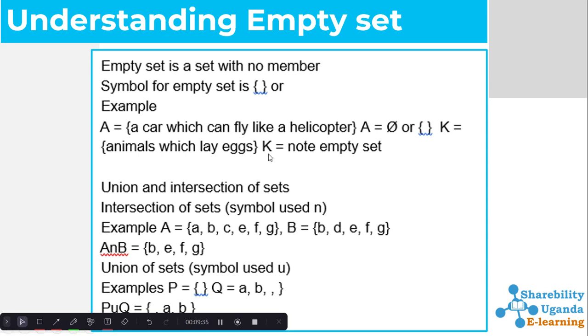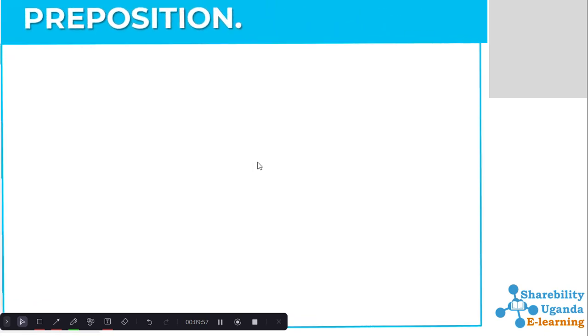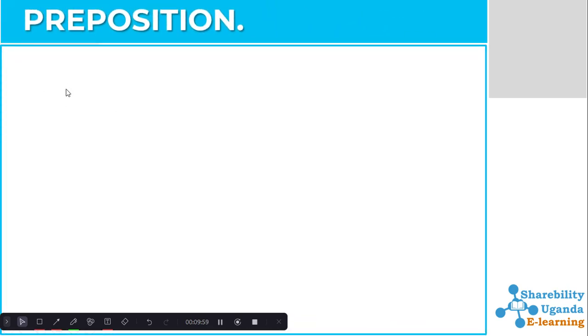Our set A is having A, B, C, D up to G, then our set B is having, okay, let me try to show you here very well. Let me demonstrate it here. Let me get my pen.